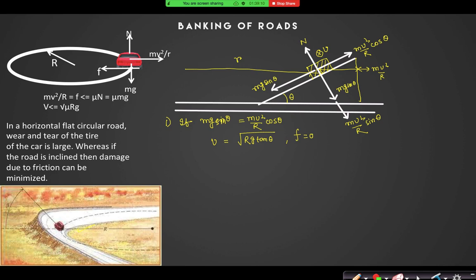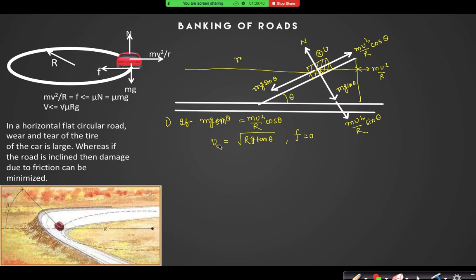Now, if I assume that the speed is greater than that v critical, let us name it vC, v critical. If the car moves with a velocity greater than v critical, then what will happen? What will be the motion tendency of sliding of that car? In which direction will the car have a tendency to slide?